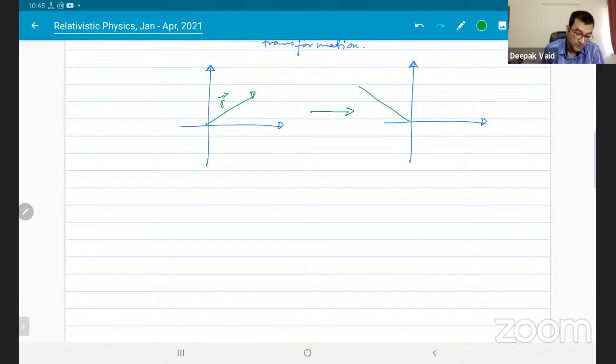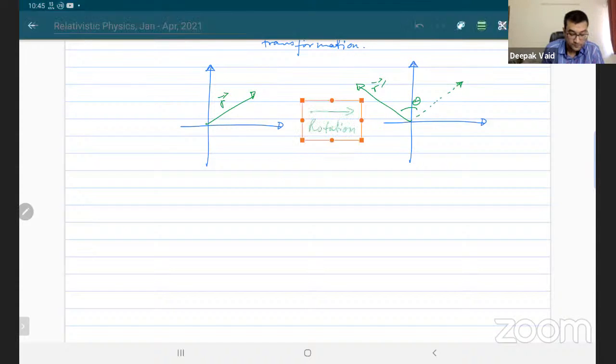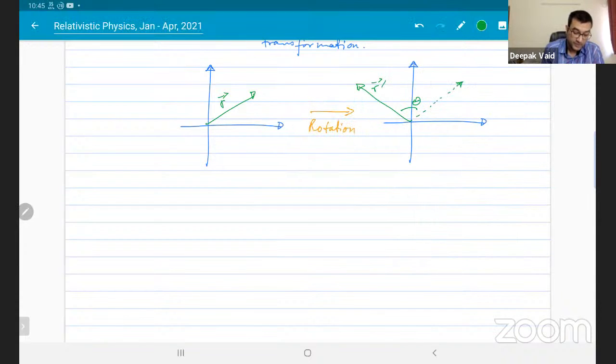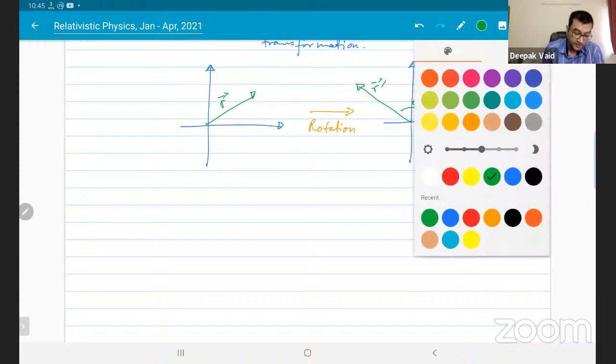So for example, there is a rotation. This is a rotation. What is happening now is that the basis vectors remain the same.